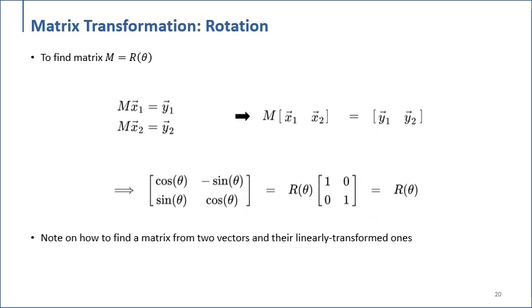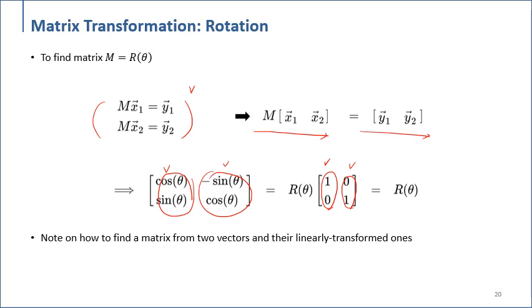Finally, by leveraging the linearity of this transformation matrix, we can combine these two results. When we put in the 1, 0 vector, the transformed vector is cosine theta and sine theta. When we put in 0, 1 as the input vector, the output is minus sine theta and cosine theta.